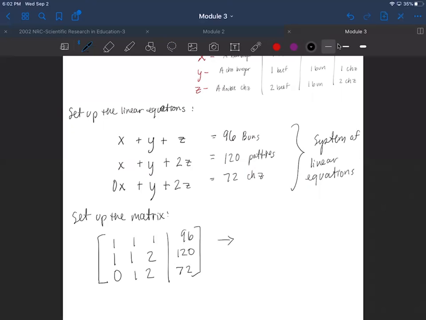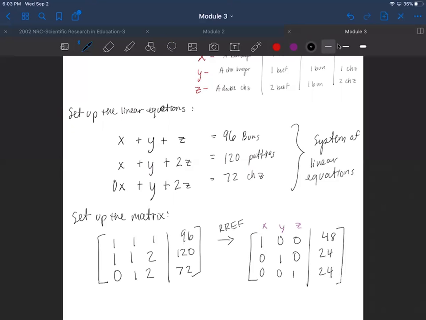And then when we use our calculator and do the row echelon form, we will end up getting 1, 0, 0, 0, 1, 0, 0, 0, 1, and respectively our x, y, and z values, which for us are 48, 24, 24.